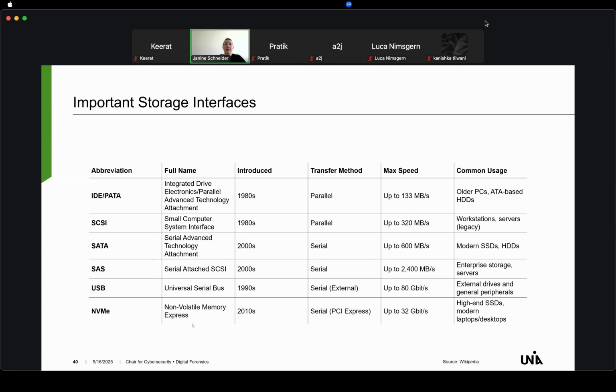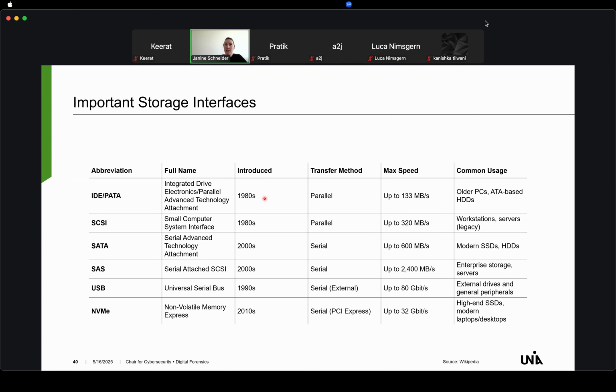And yeah, one of the most important ones is IDE, or Integrated Drive Electronics, also called PATA, Parallel Advanced Technology Attachment. So IDE and PATA are the same thing. It was renamed some time after IDE was invented.